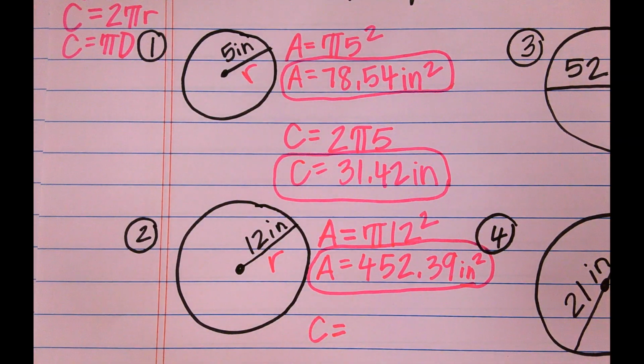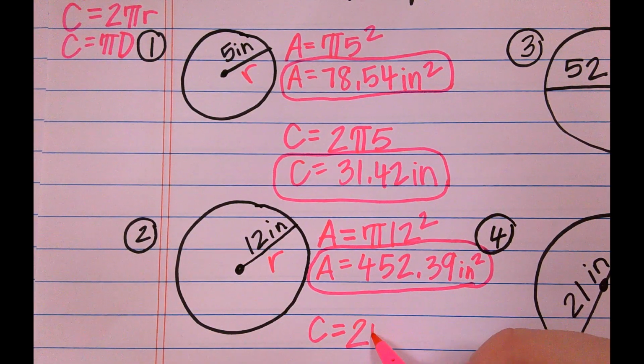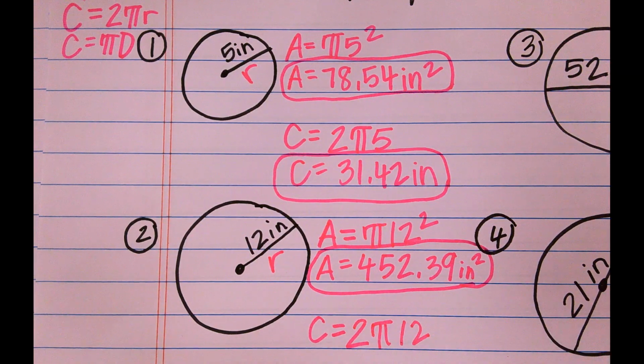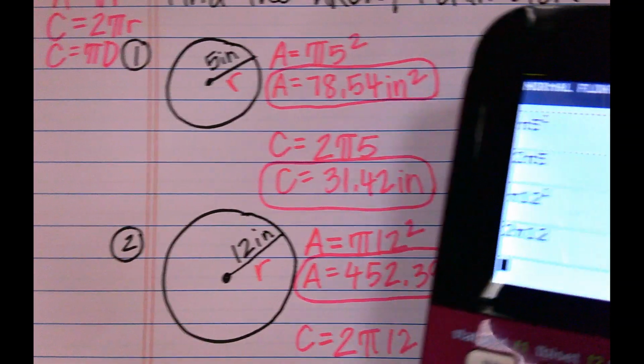Circumference. So, how could we find the circumference? You take 2 pi times your 12. 2 pi radius, 12. Type that in. 2 second up arrow 12. You should get 75.40 inches.